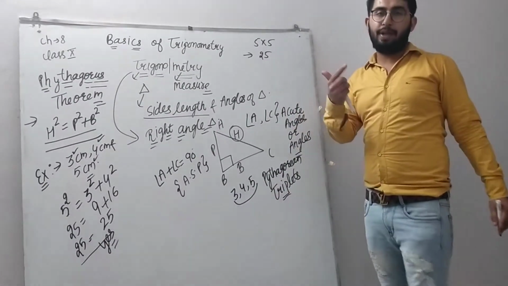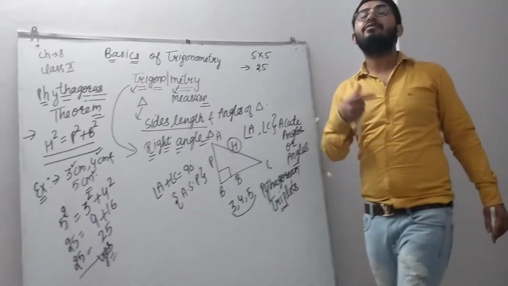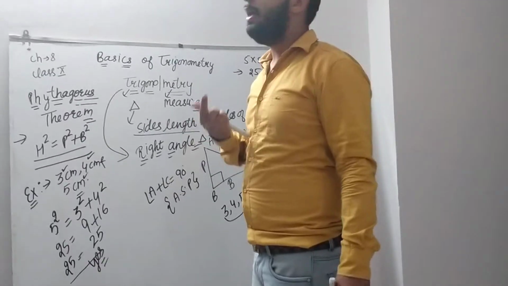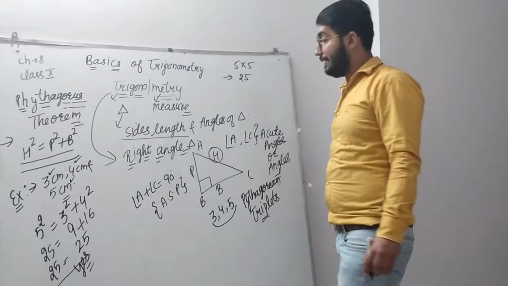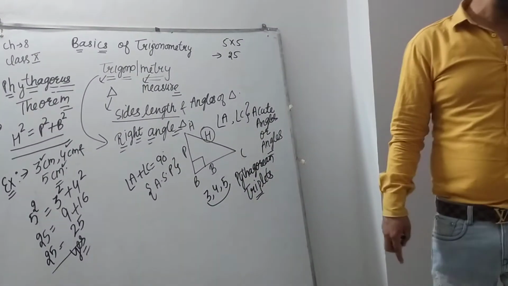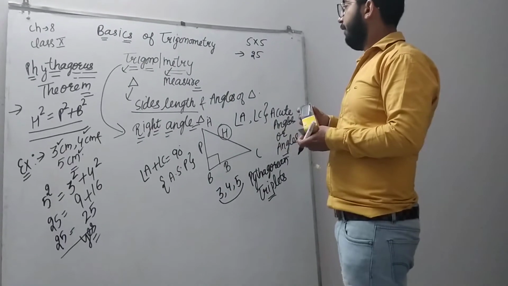Pythagorean triplets are the three sides of a triangle which satisfy the Pythagoras theorem. Now let us write some Pythagorean triplets, as we have just learned that 3, 4, 5 are the Pythagorean triplets.